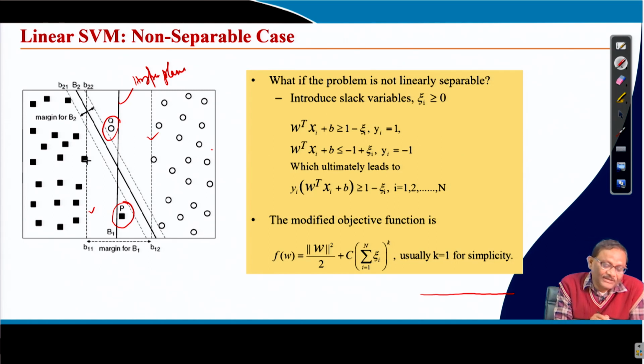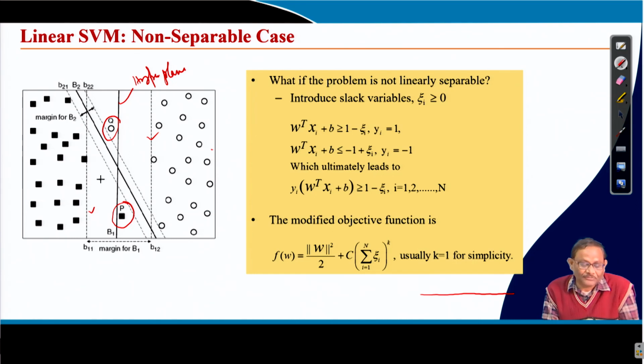If we consider the two margins, other positive and negative points are well separated, but only a few points may be like this. So that means some points will be within the margin edge hyperplanes. So this kind of situation is basically the non-separable case.